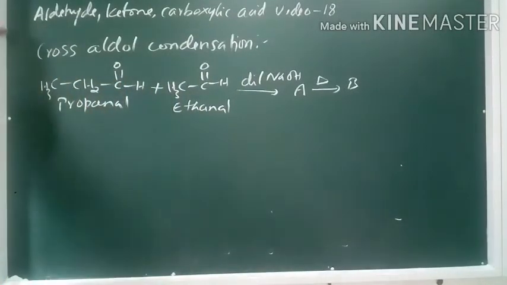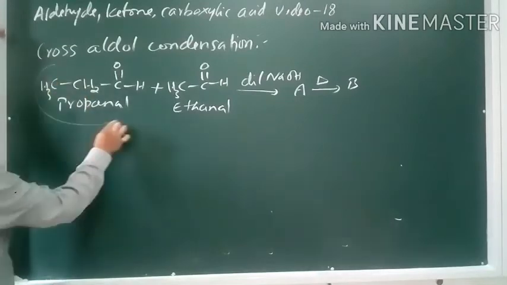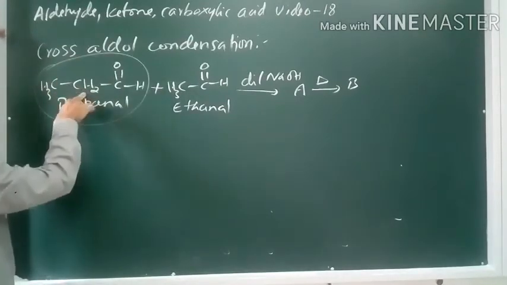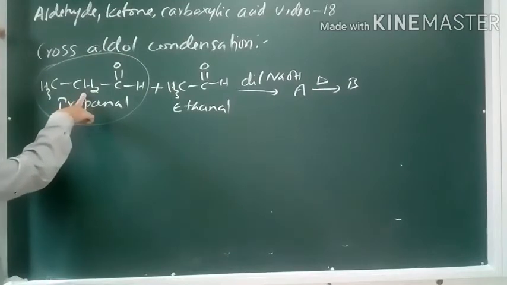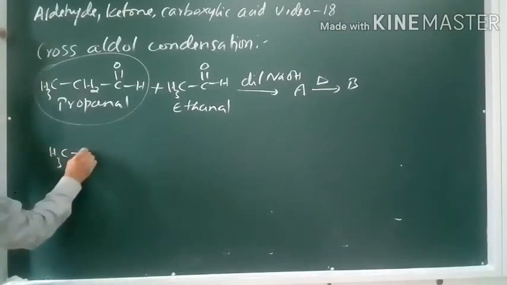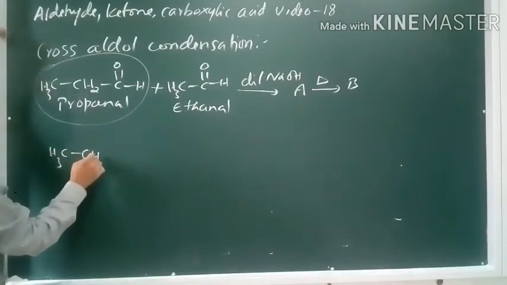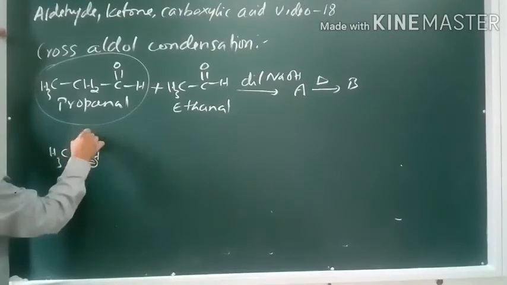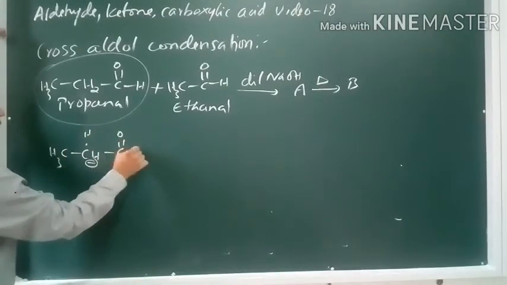So what happened here? See, from this molecule, a hydrogen may be removed by the dilute NaOH, so that CH3 CH minus CHO can be formed.